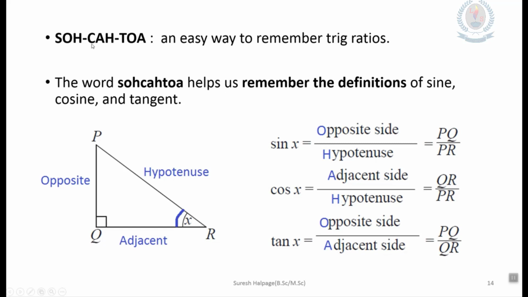Cos is adjacent divided by hypotenuse. Tan is opposite divided by adjacent. So the word SOHCAHTOA helps us to remember what ratio goes with what function.